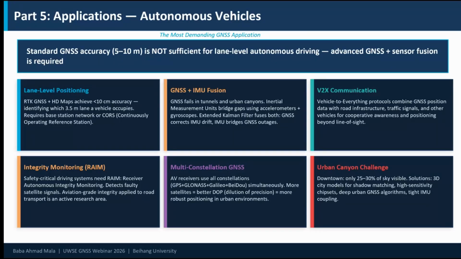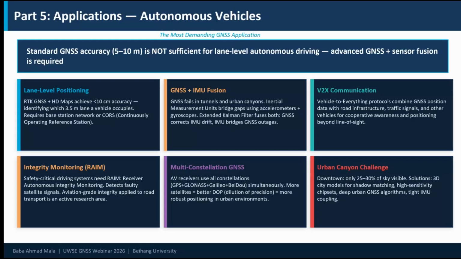The IMU provides continuous motion data. As it moves, tilts front or back, or moves sideways, it gives data which bridges gaps when the GNSS is lost, in tunnels or in urban places where the signal is not good.